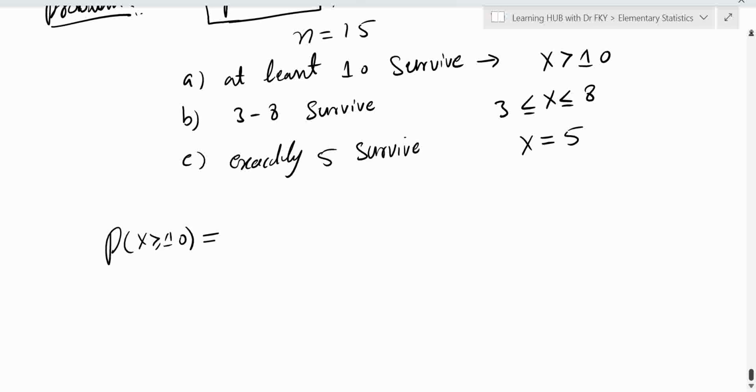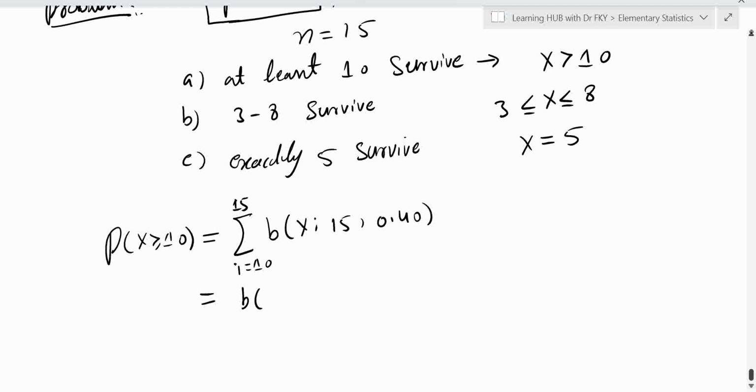That is the sum of these probabilities by binomial random variable, i from 10 to 15. That is x, because these are the values for this. N is equal to 15 and P is 0.40. What does it mean by this? This means that we need to calculate the binomial probabilities for each value of this variable.